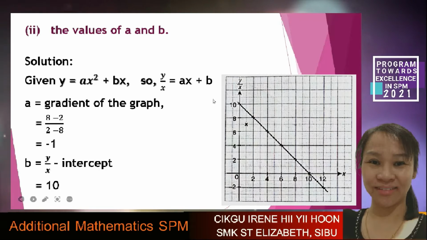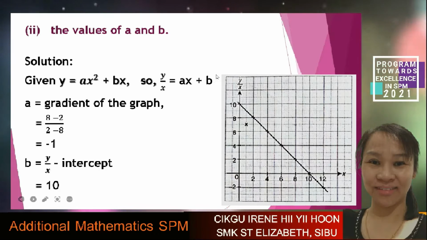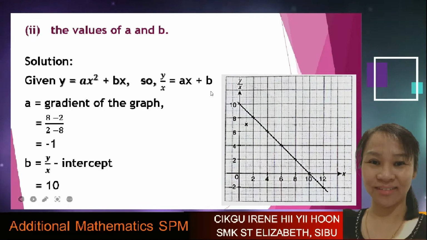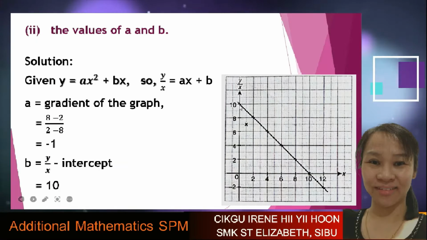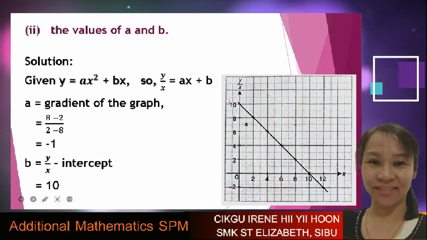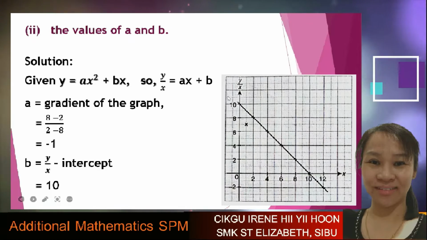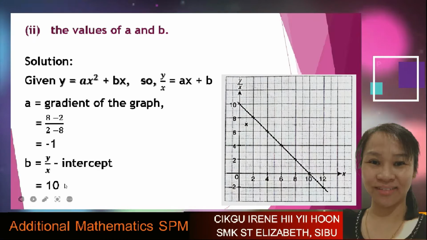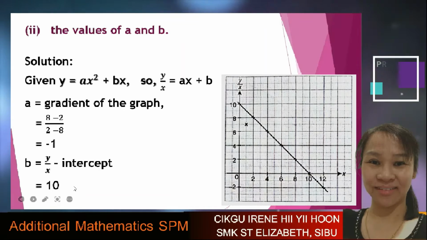And then to find the value of constant b, which represents the y over x intercept, we can refer to the graph. From this graph, the y-intercept is 10. So the value of b is 10.